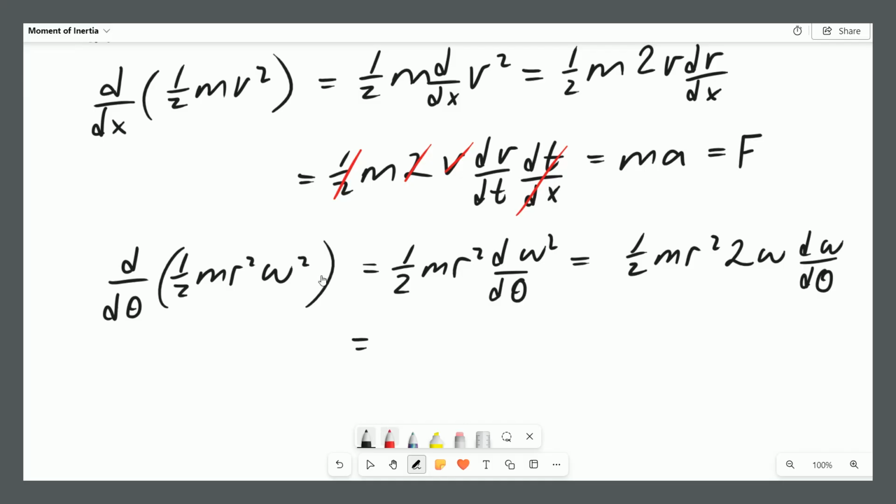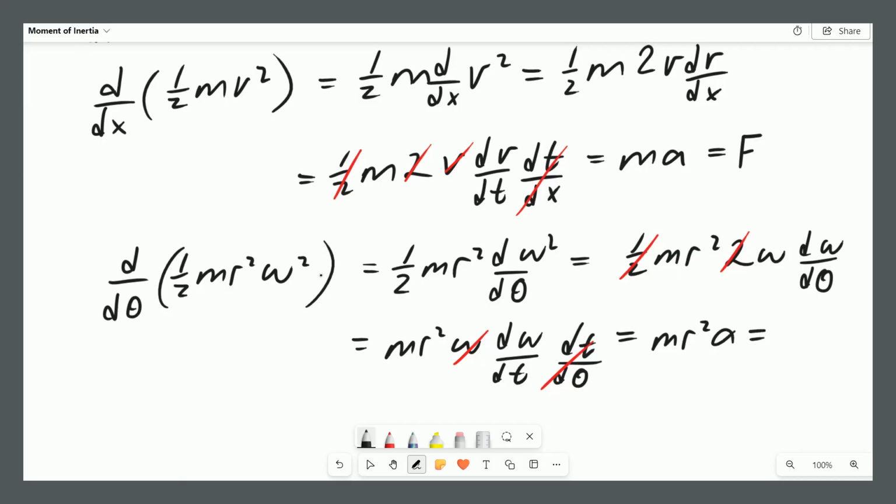And our 2's cancel out, right? 2 over 2. So we have mr squared omega d omega by dt, dt by d theta. dt by d theta is the reciprocal of d theta by dt, which is omega. And when we have these two cancel out, we get mr squared d omega by dt, which is alpha, which is moment of inertia times angular acceleration, which is the torque, right?